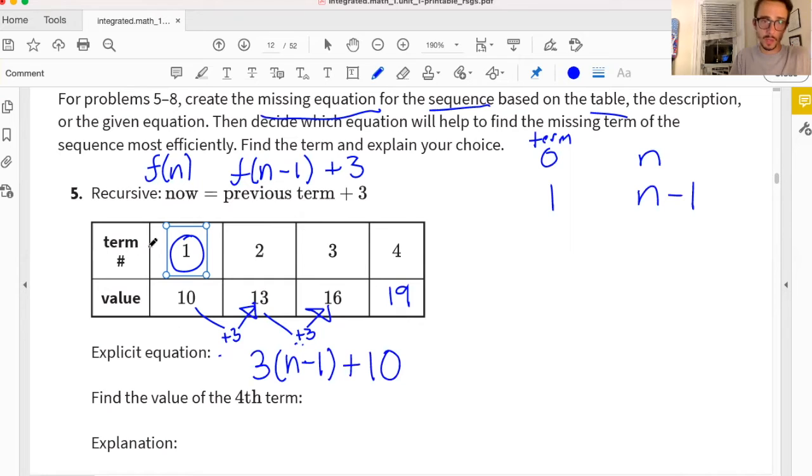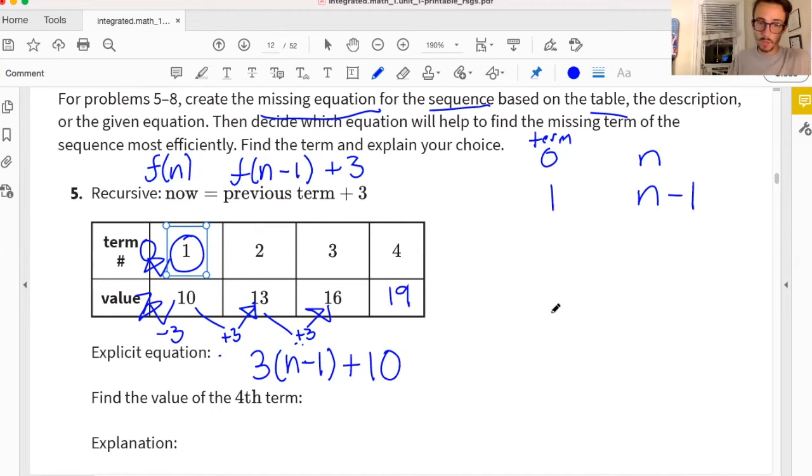However, there's another way we could talk about it if we went back to the 0 term. Let's imagine we backtrack 1 for the term. How does that change backtracking for the value? Normally we add 3 to the right, so we would deduct 3 here. So we would have a term of 0, value of 7.